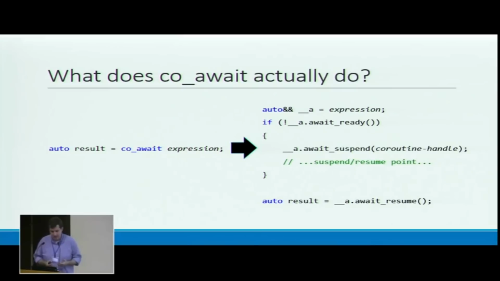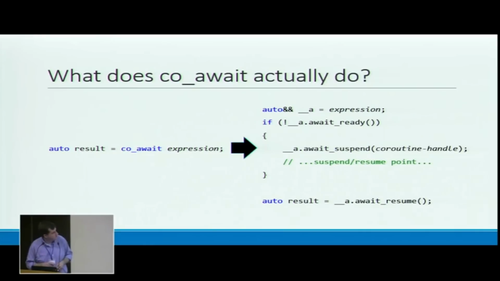And so the first thing that we do is we check, is the thing that we're awaiting already ready? If we already have the result we're awaiting for, then we don't need to suspend. If it was not ready yet, then we call await suspend on the thing to enable custom pre-suspension action.